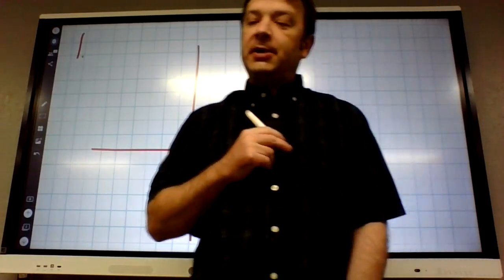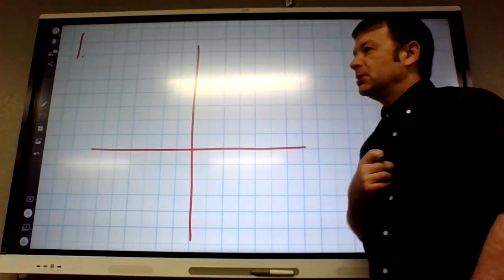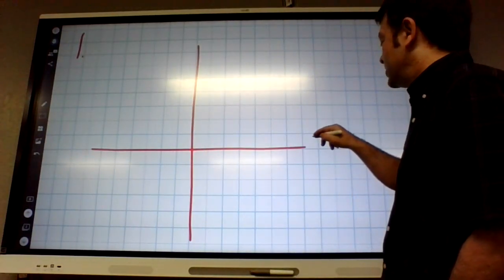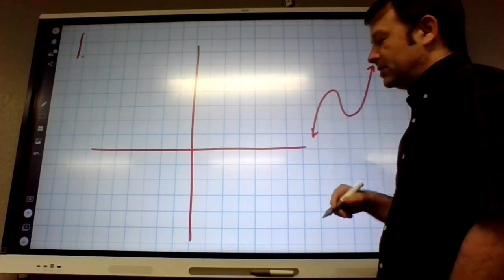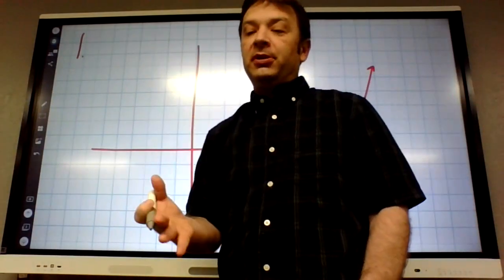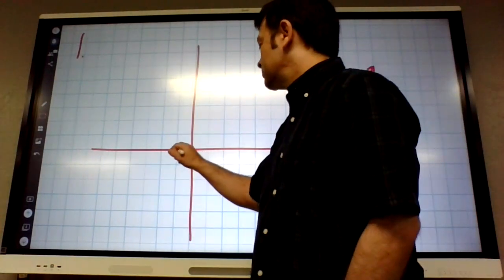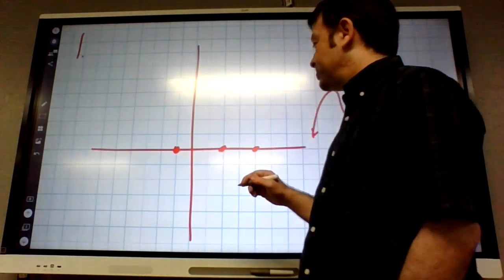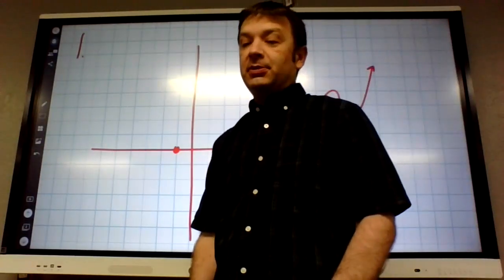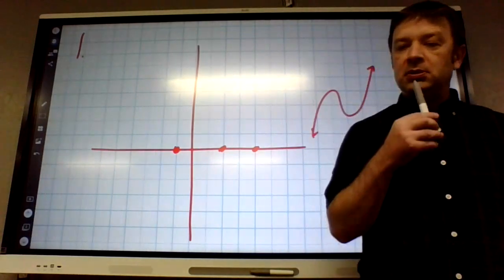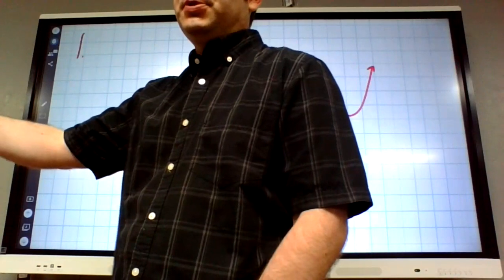Okay, so what kind of function is it gonna be? Okay, it's a cubic function, x, x, x, so it's gonna be one of these things. So what are the zeros of the function? -1, 2, 4. So we'll just put dots right there. And how do we find the y-intercept? Plug in 0 for x. So if you plug in 0, you get 1, -2, -4.